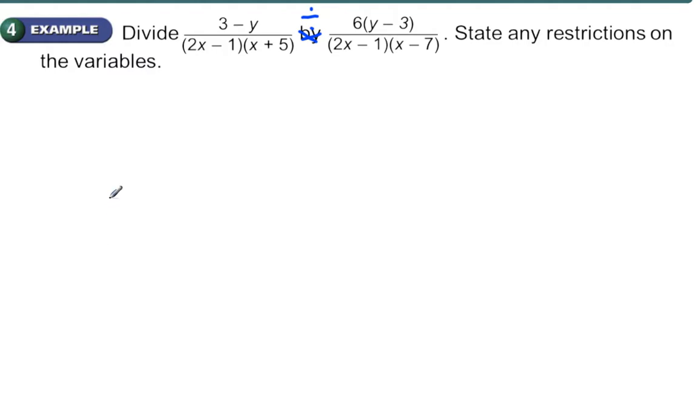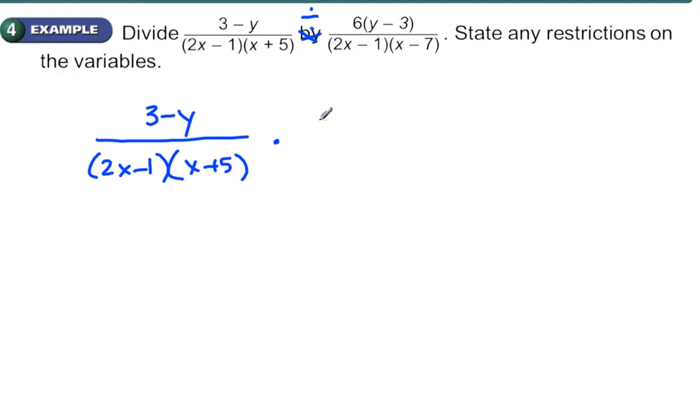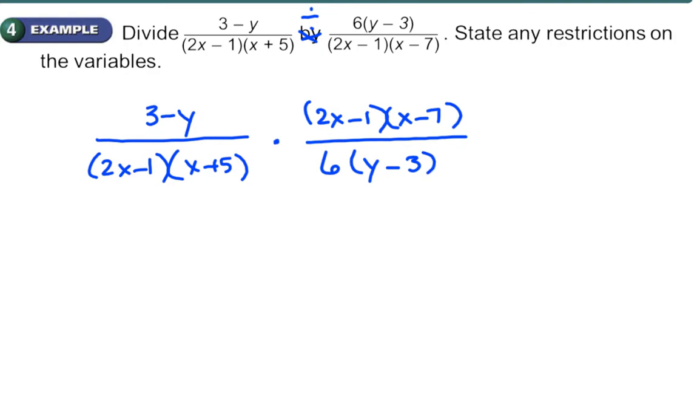So let's write that down. We have 3 minus y over 2x minus 1, x plus 5. And then we have times, let's flip this, 2x minus 1 times x minus 7 all over 6 times y minus 3.